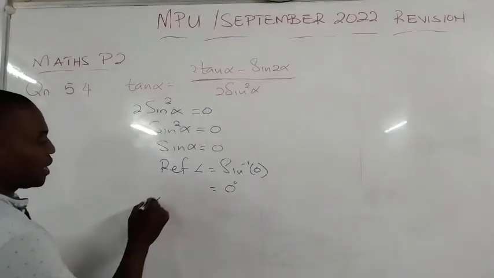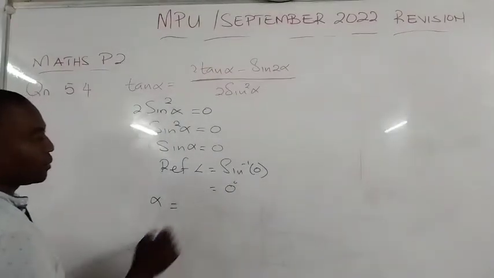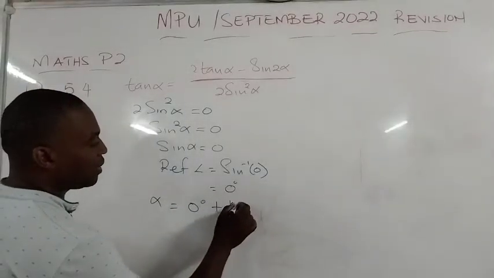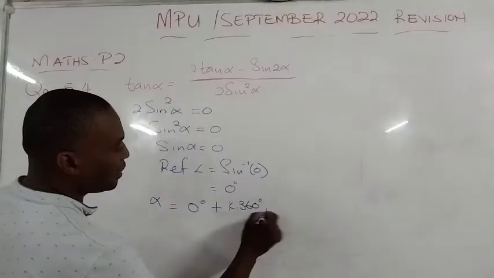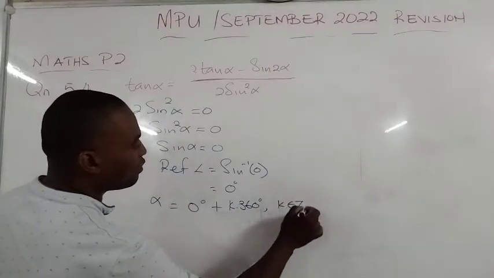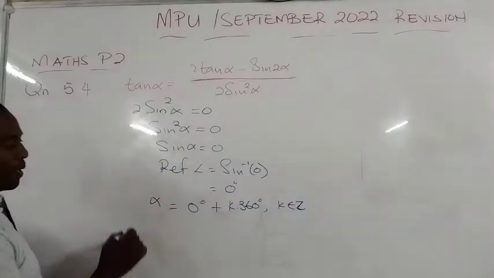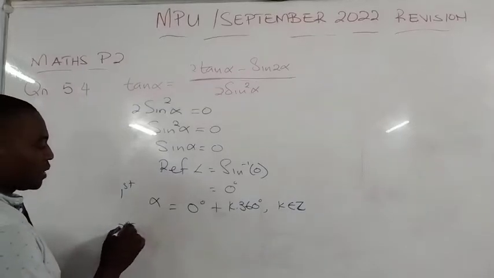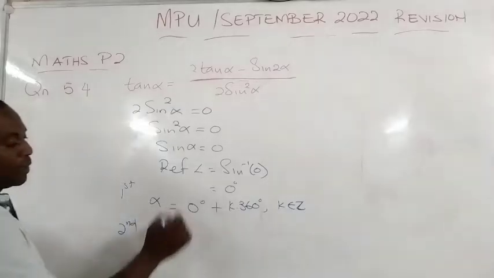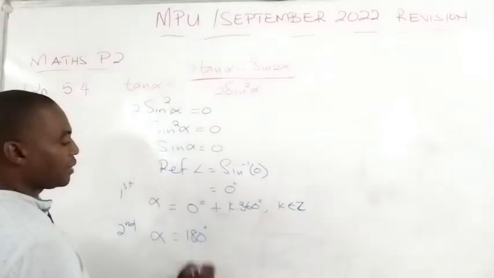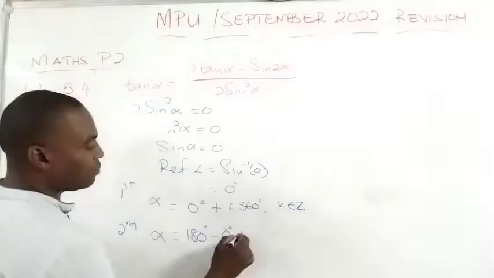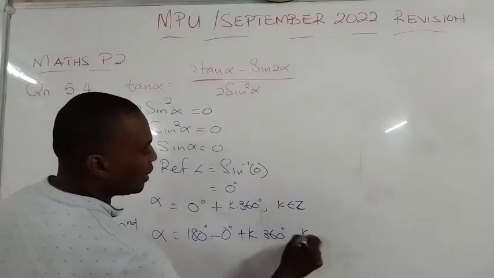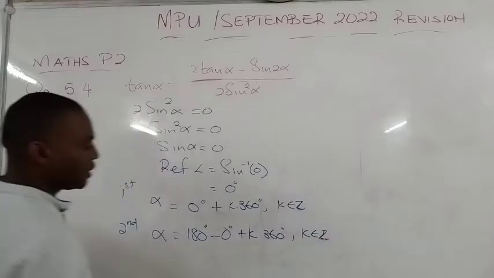So we are saying alpha is equal to, in the first quadrant, 0 degrees plus k times 360 degrees, where k is an element of integers. And then that is in the first quadrant. In the second quadrant, we know it's 180 degrees minus 0 degrees plus k times 360 degrees, where k is an element of integers.